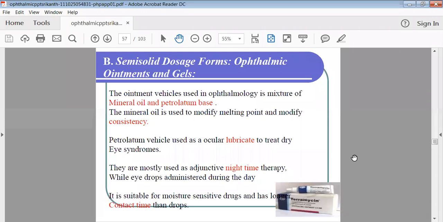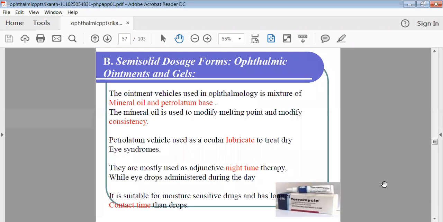In some cases, you may have itching or irritation because of the presence of dust. So in that case, lubrication is essential. To give the lubrication property, petrolatum is used as a lubricating agent. Generally, they act as a protective layer between your eyelid and your pupils.